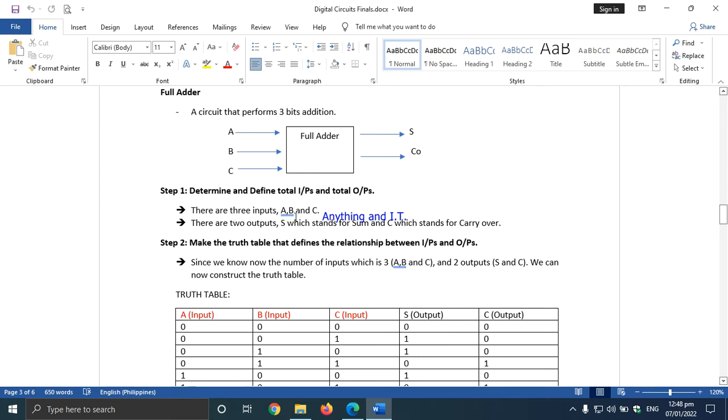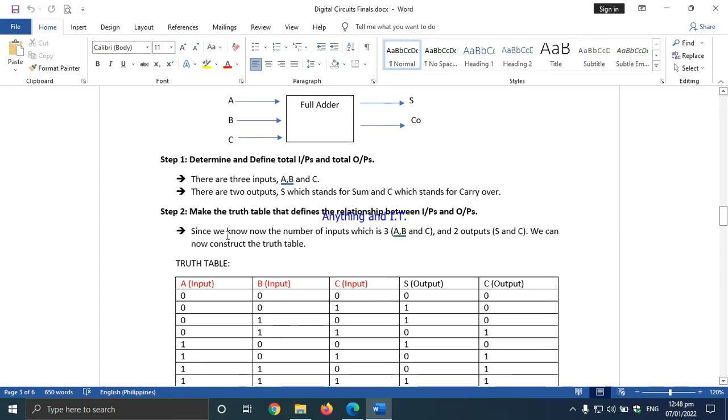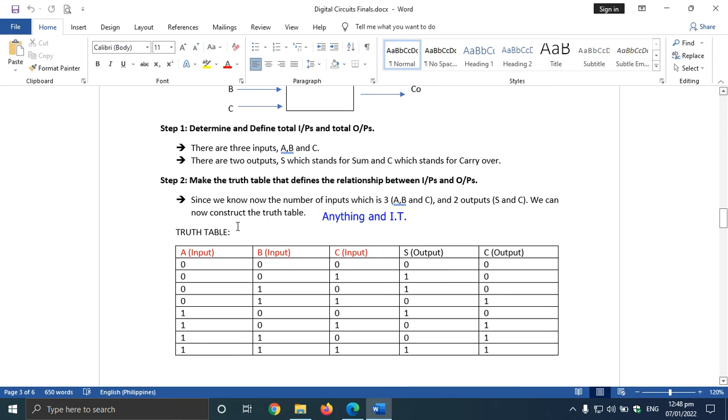Now, for the full adder, we have 3. So, we now have three inputs: A, B, and C. Then, still, our number of outputs is two: sum and carryover. Now, we can create the truth table. So, that is step 2.